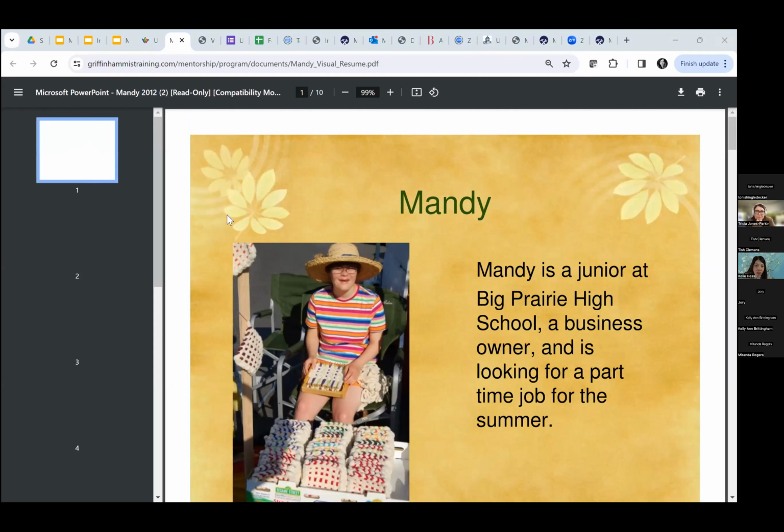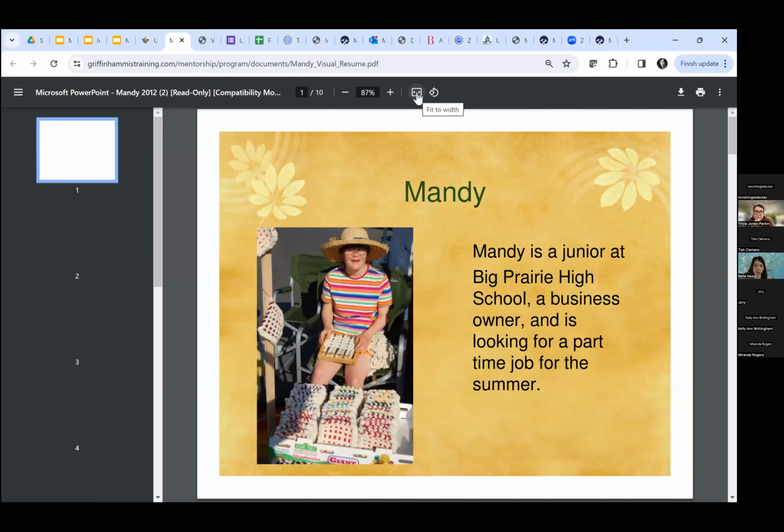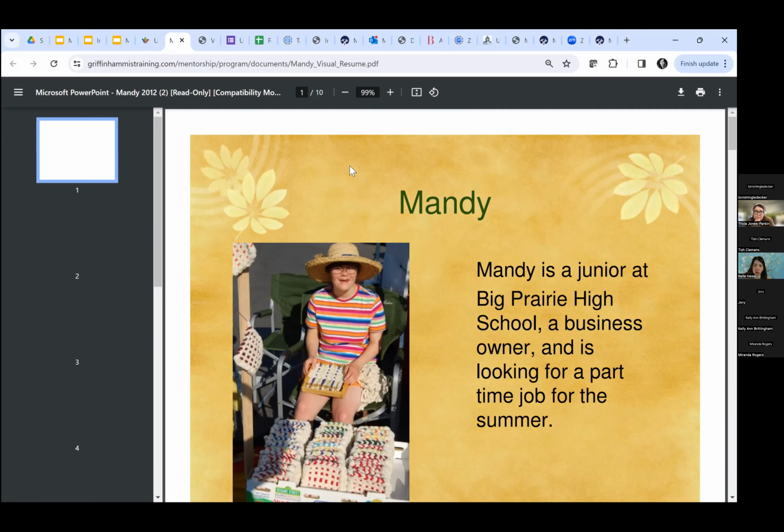Okay, I'm trying to make it so you can see it wider. I'm not sure if it'll let me. Okay, I think that's as good as we're gonna get right now, but you want me to just go through these?